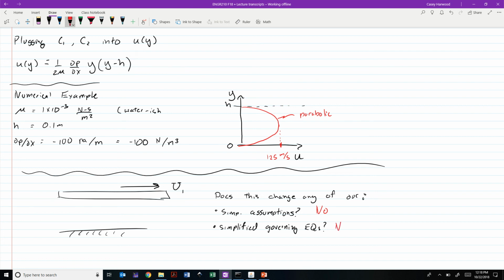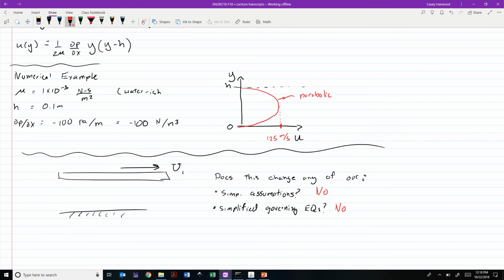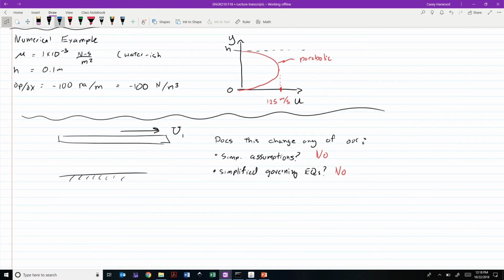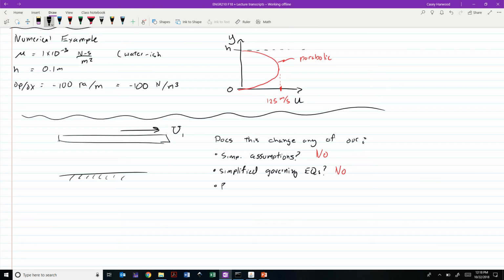Okay, so no. It's not until we get to our boundary conditions that we have to say yes, something changes.